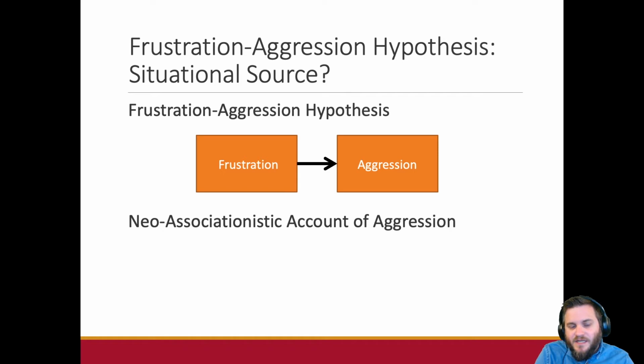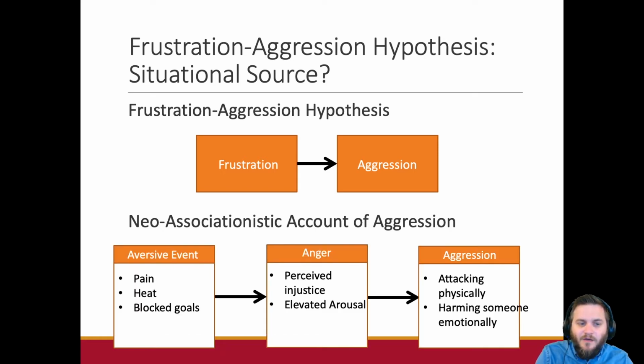The neo-associationistic account of aggression doesn't necessarily agree, and this is the neo-associationistic account, right? So you have an aversive event, things like frustration, but also pain, heat. Frustration would be blocked goals, but things like heat and pain are also aversive events in this model. Those things will lead to anger, which is the emotion associated with frustration, right? So you get perceived injustice, and then anger increases arousal levels.